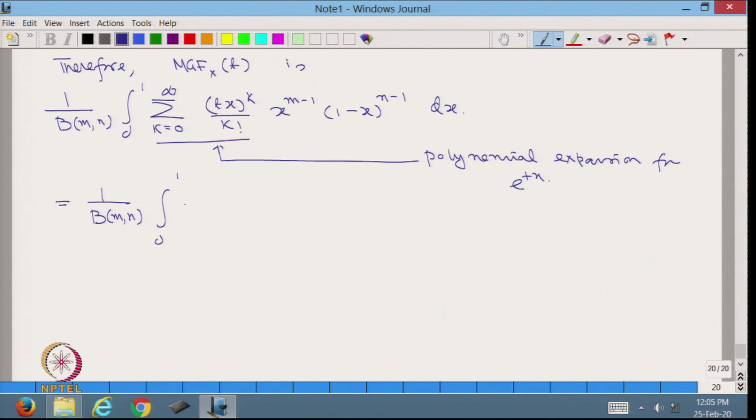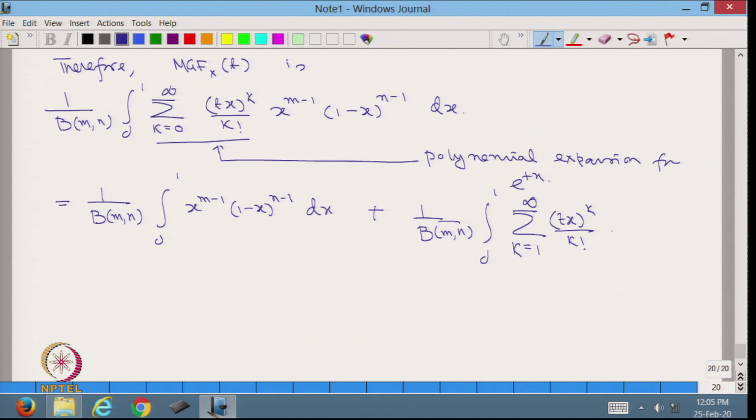So, that is going to give us x^(m-1) (1-x)^(n-1) dx plus 1/β(m,n) ∫ from 0 to 1 Σ_{k=1}^{∞} t^k x^k/k! x^(m-1) (1-x)^(n-1) dx.